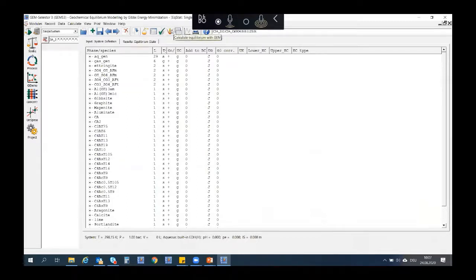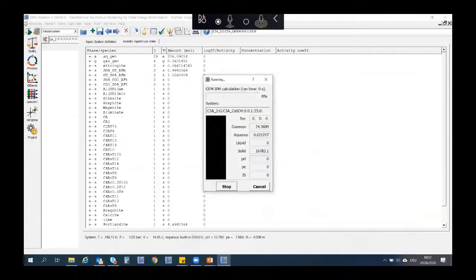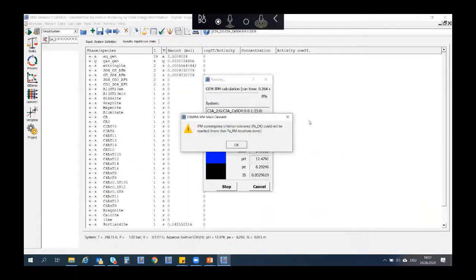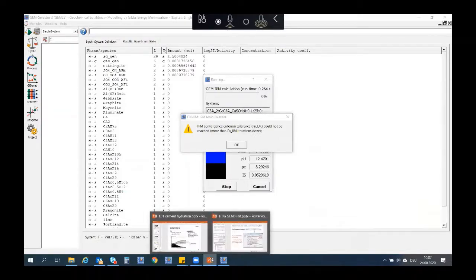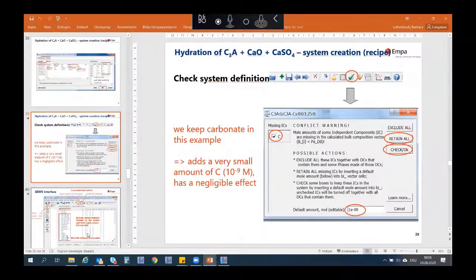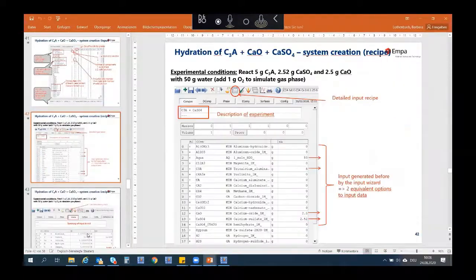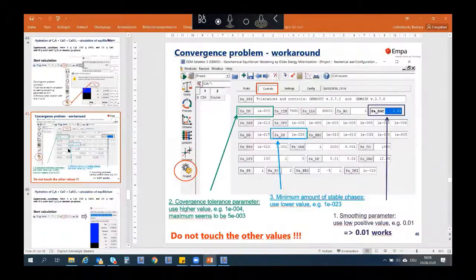And then I can go to the red symbol, which means calculate equilibrium with chems. I can press it. It complains. It gives an error message. Our first calculation gives us an error message. That's not fair, but it's live.